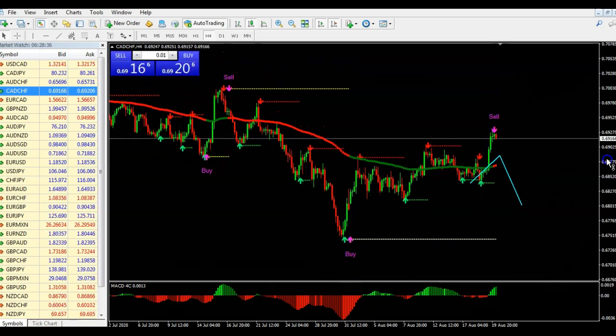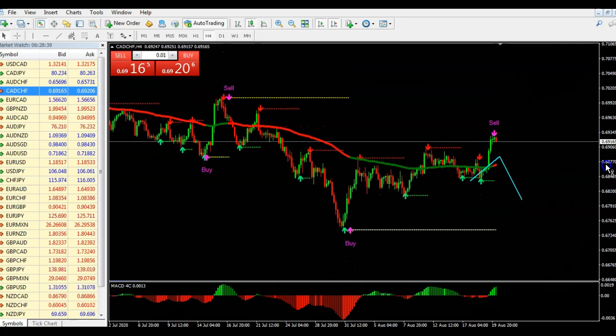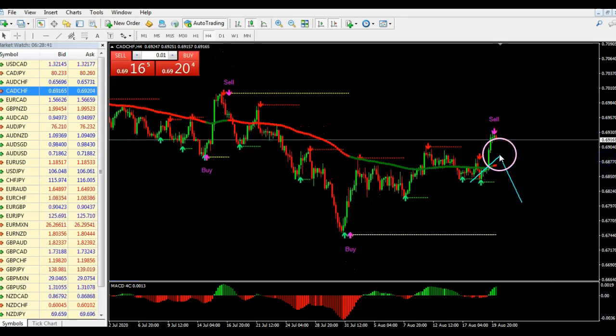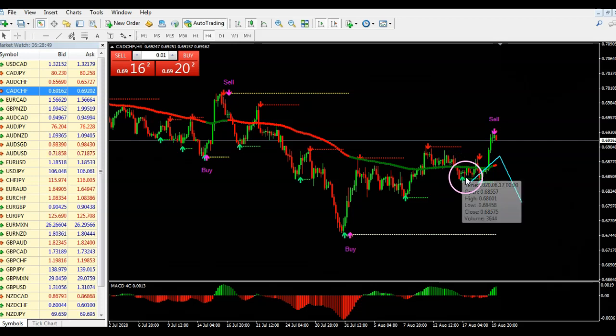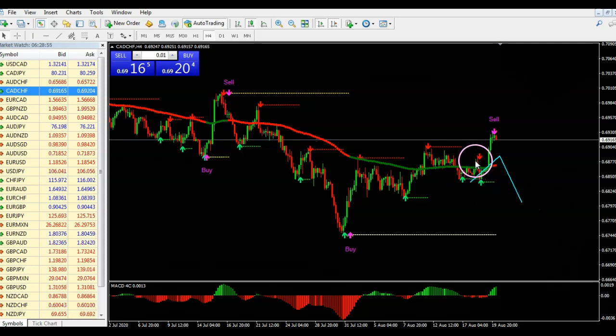Now, sometimes I am going to make mistakes. I shouldn't be doing this right here, because that would be a counter trend. So as you can see, when you're doing counter trends, even though you can get a few pips down, let's say you went on the 15 minutes on that move right there, you probably get a few pips, but it was a counter trend.